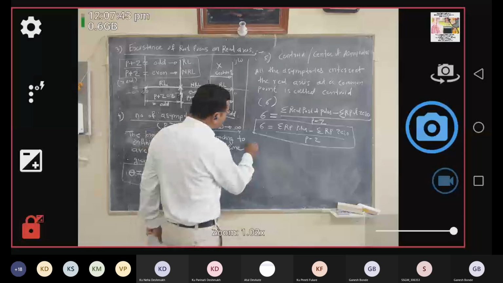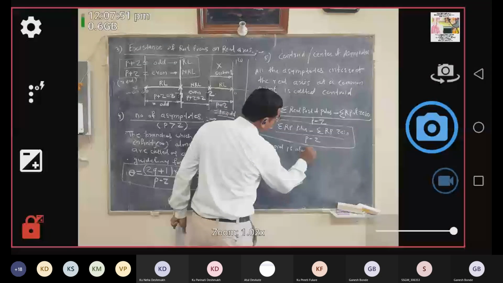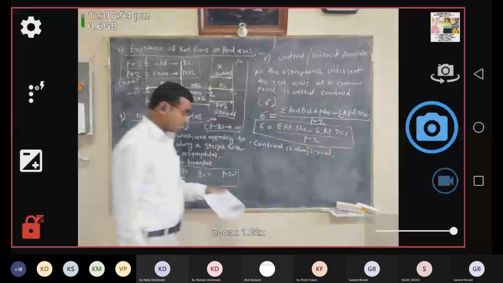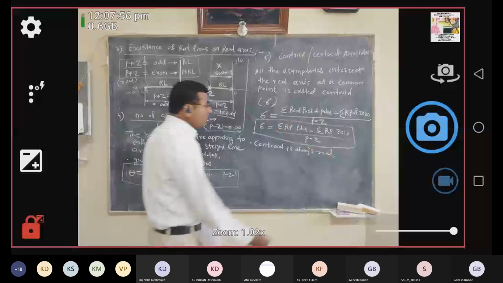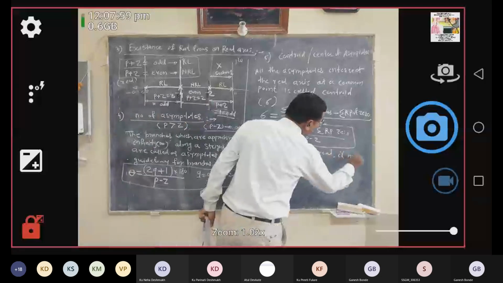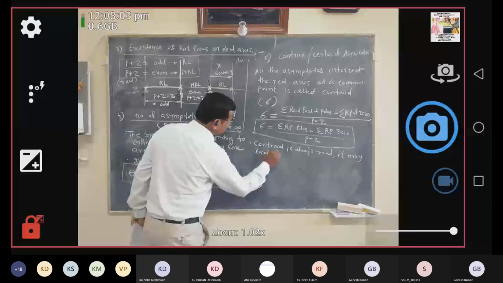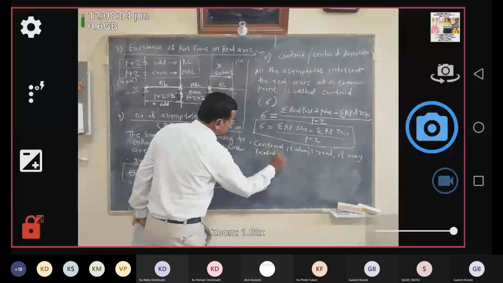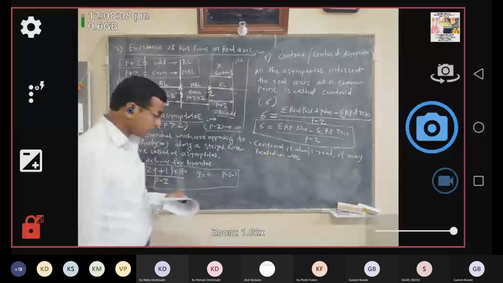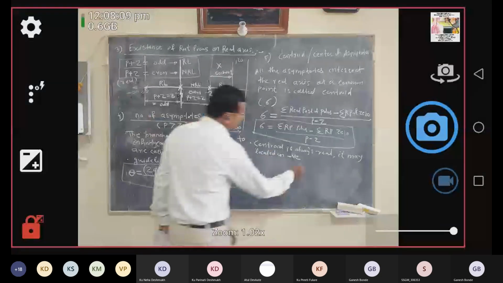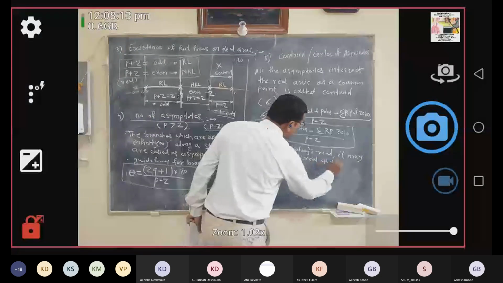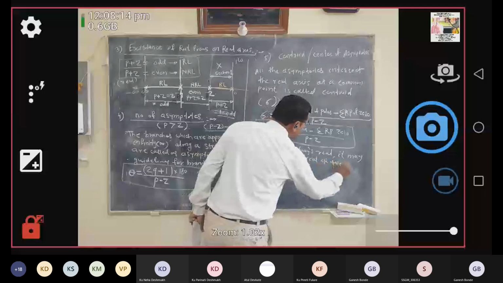The centroid is always real, and it may be located on the negative real axis or positive real axis.